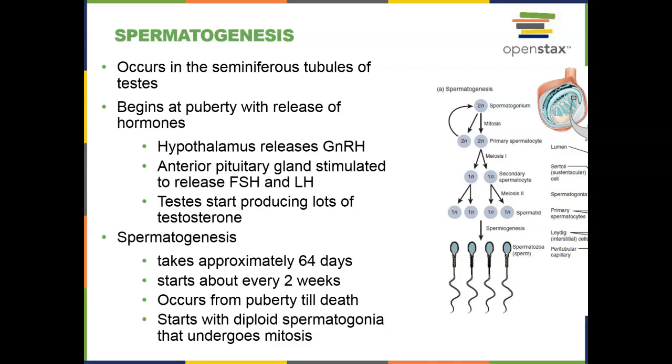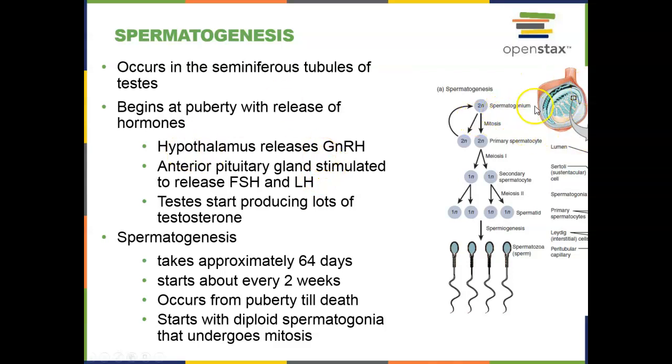I mean, obviously, you're not going to activate every single spermatogonium in your seminiferous tubules at the same time, but this occurs continuously. So every single day, you're in the process of sperm production from the time you hit puberty until you die.